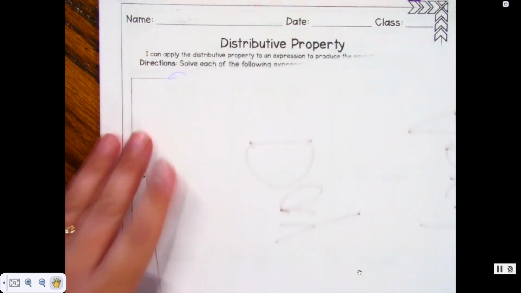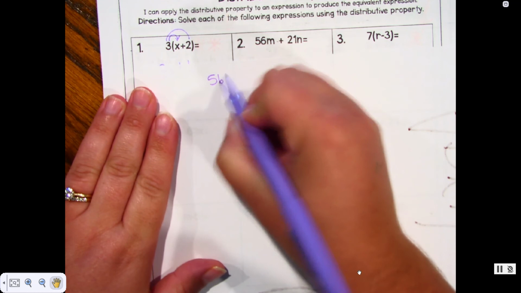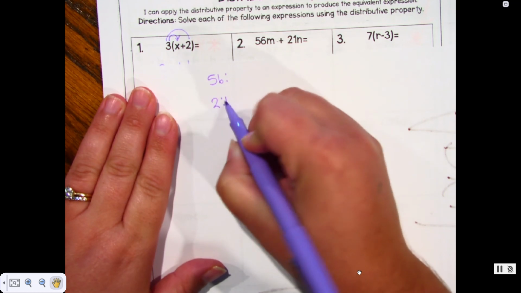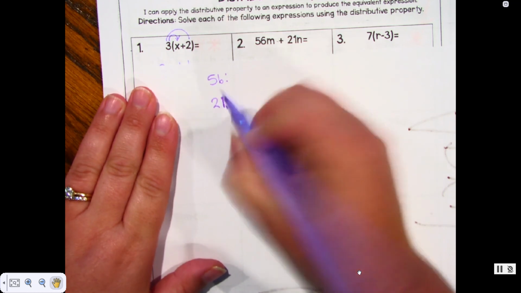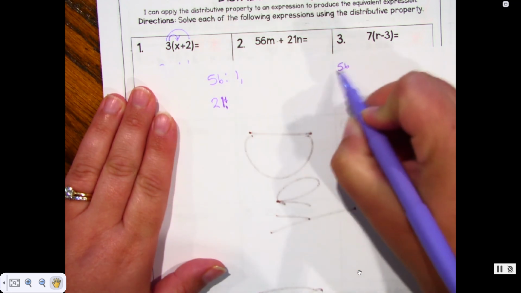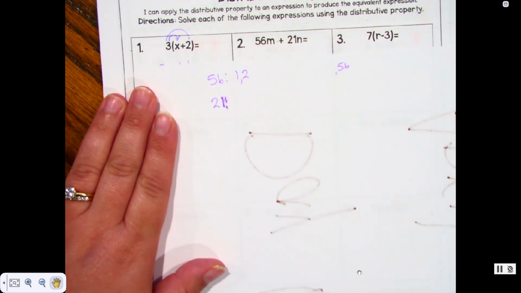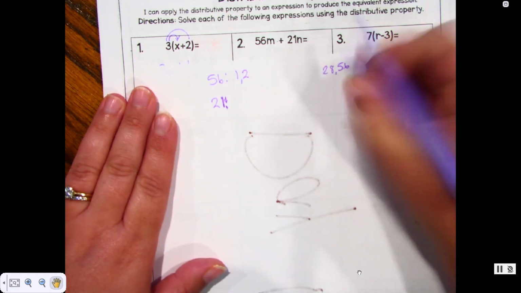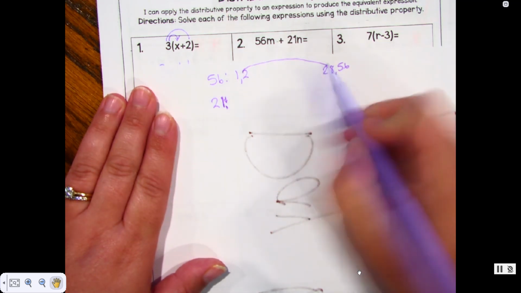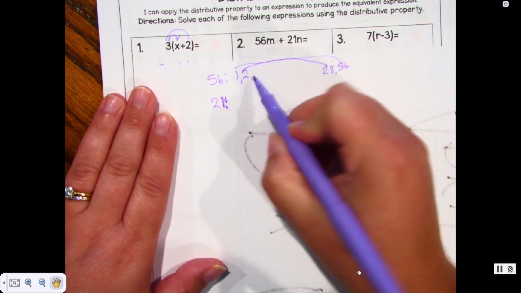I already know what it is, but that's just because I know what my facts are. If you don't know your multiplication facts, you can always list here. All right, so I'm going to start with 1 and 56. 2 will go, let's see, 28 times. Okay, and if you want to, go ahead and draw your rainbows. You'll see why in a minute.